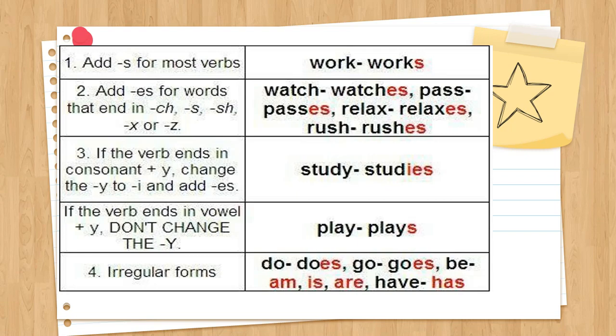Remember that, because you cannot apply these rules if you are using the pronouns I, they, we, or you. Okay? Never apply these rules. But if you are using he, she, or it, then you must apply these rules.